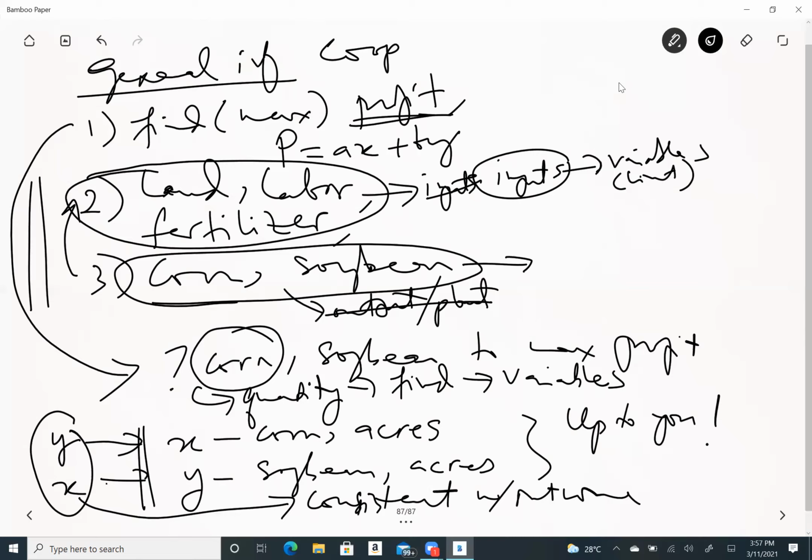5250 is the limit for labor. So that means you have a maximum value of these inputs available, given that you want to produce a particular amount of corn and soybean.